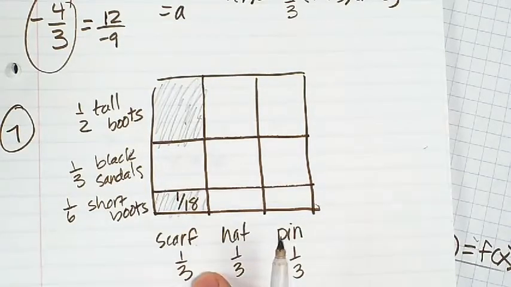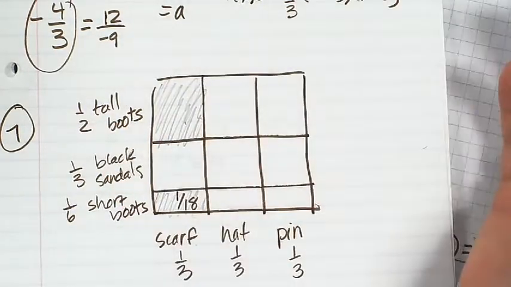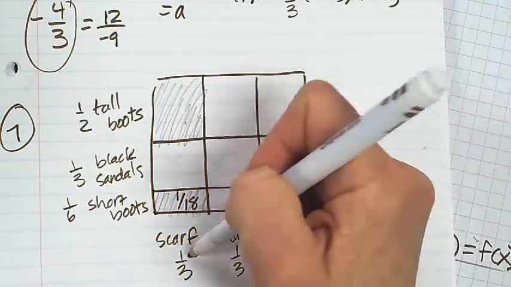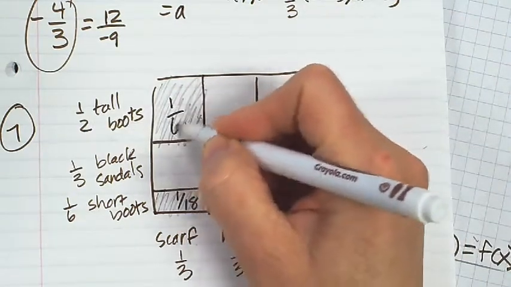If I multiply 1/3 times 1/2, and you could use your calculator if you are not feeling confident with fractions to multiply those two fractions, 1/3 times 1/2 is 1/6.